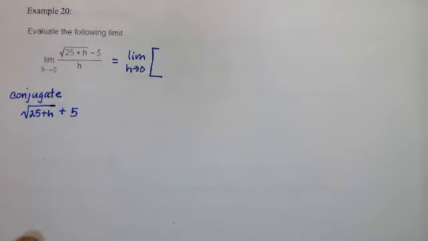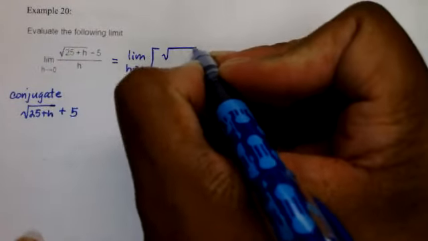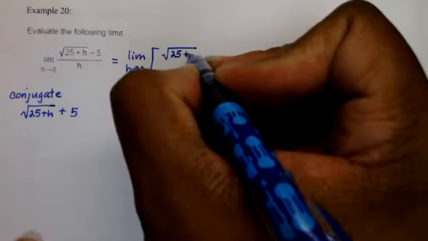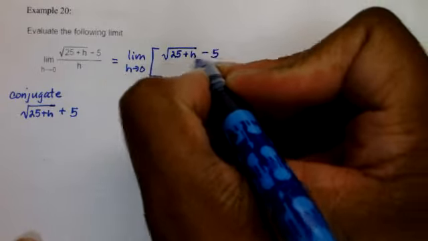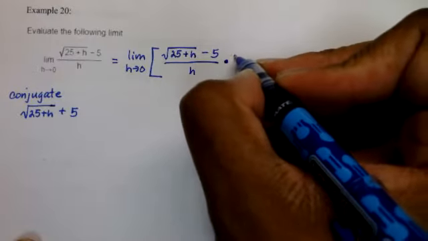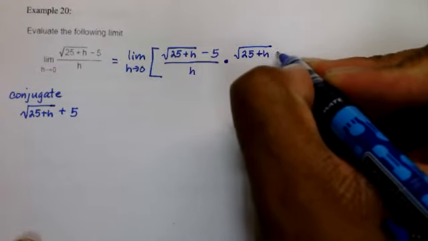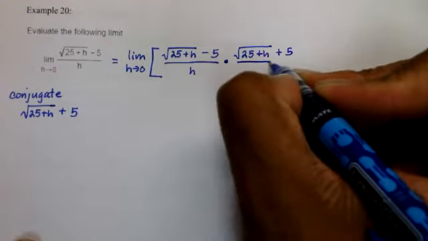That would be our conjugate. So what we're going to do here is take that expression of the square root of 25 plus h minus 5, all divided by h, and multiply it by its conjugate in the numerator and in the denominator.